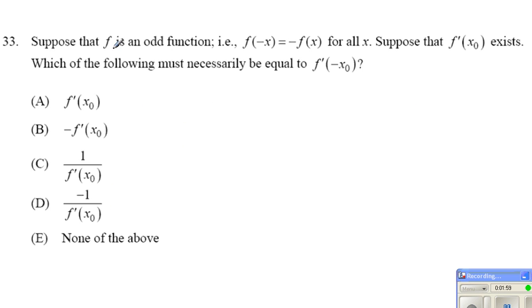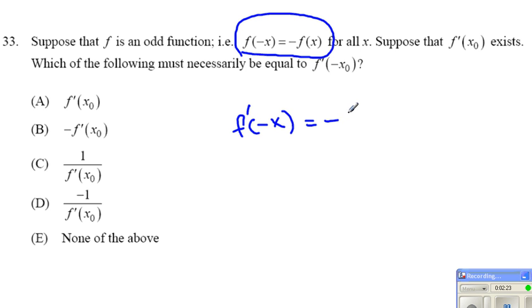How about this? f is an odd function; which of the following must necessarily be true? Odd function basically means this, as you can see from here. What happened to f prime? f of -x was originally the negation of f of x.